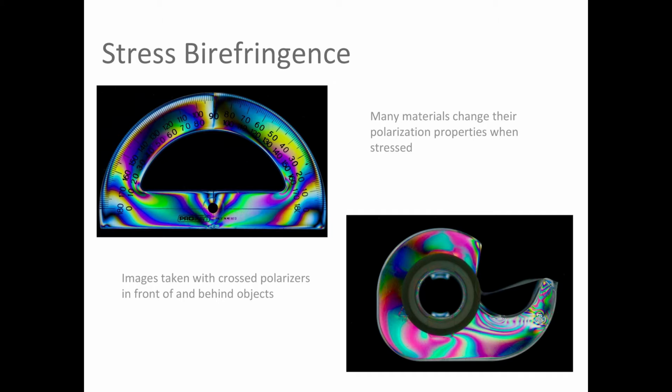And here we have just a standard tape dispenser, and there's a lot of cool things happening here, but this one shows the stress a little bit better. You see this point over towards the right where there's just a lot of color variation over short distances, which leads us to believe that that was the point of the plastic injection molding, or that was the entrance point. And due to the non-uniform cooling effects, we get these birefringent properties.